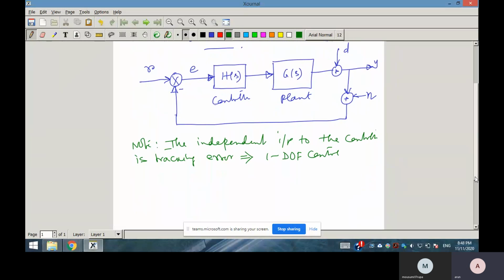So what is the plant structure? Now I will consider a general plant structure. So this is my plant, G. What is the G(s) structure? We will consider an nth order plant.